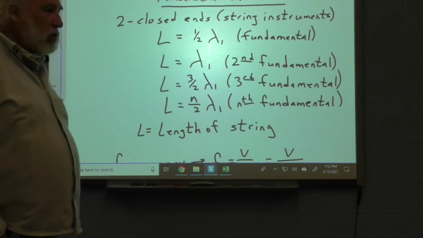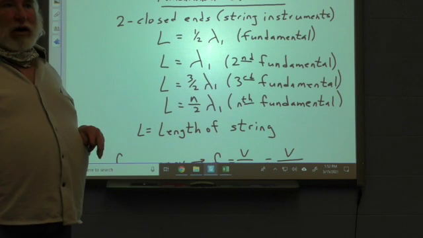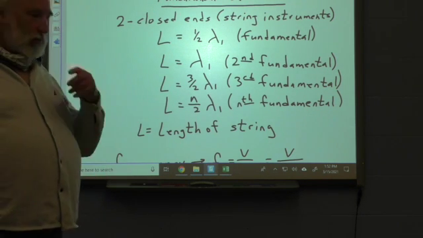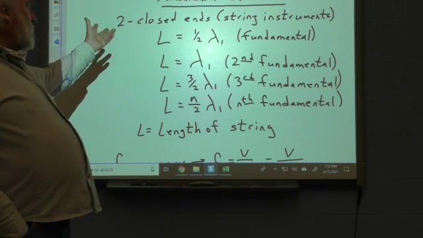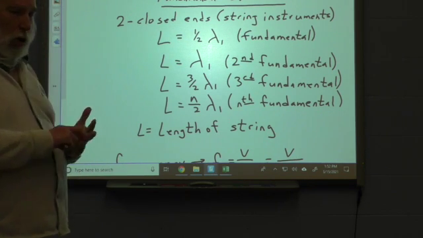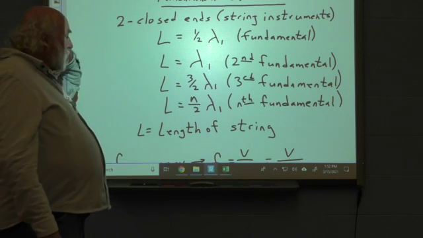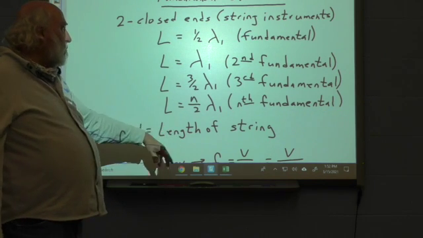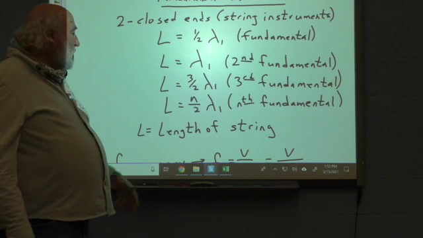First of all, we're talking about fundamentals, and as she described it, the harmonics are also called overtones. So we're looking at the overtones. For the two closed ends with a string instrument, which is also the same as the two open-end pipes, you have a series of wavelengths associated with the length of the string, and it goes up by half of a factor each time.